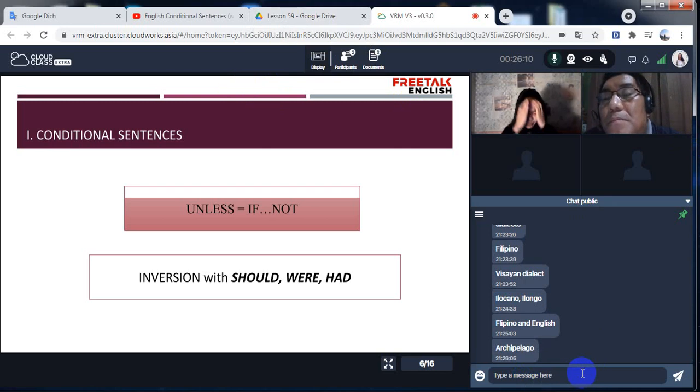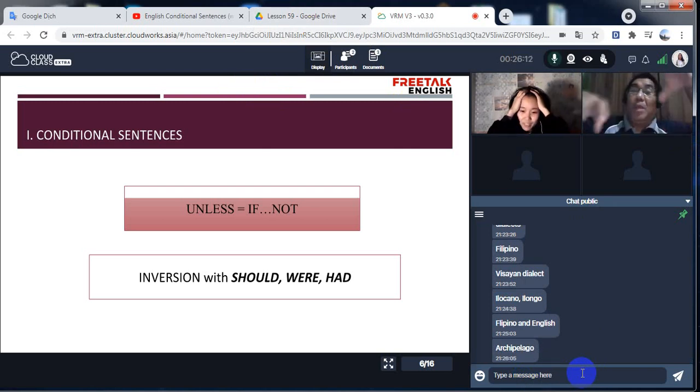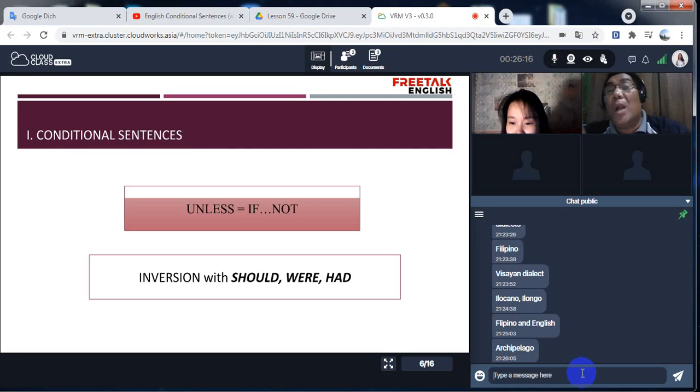The Philippines has so many islands, 7,100 islands. That's why each island has a different dialect.